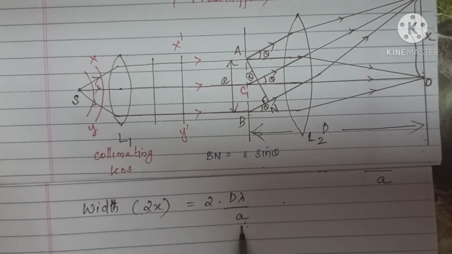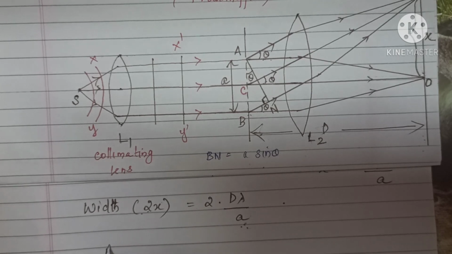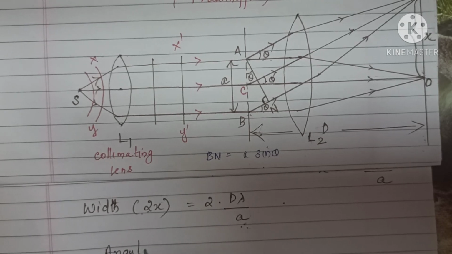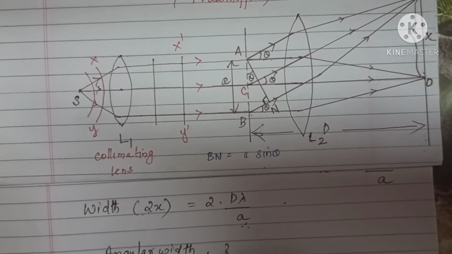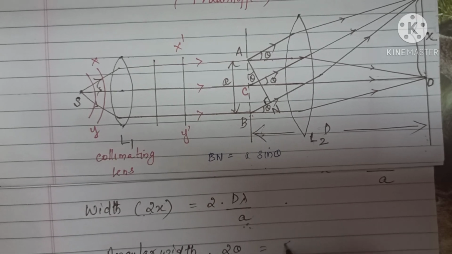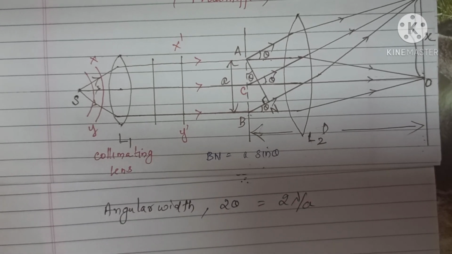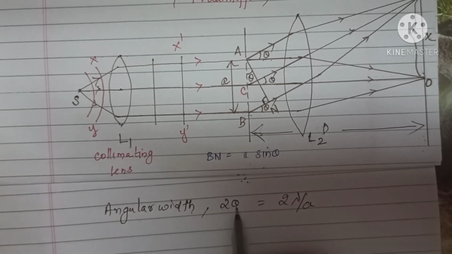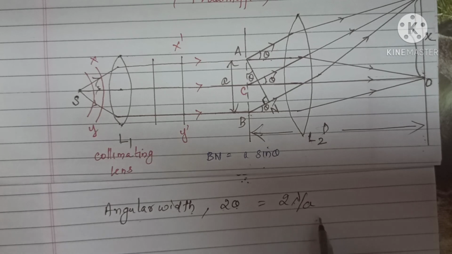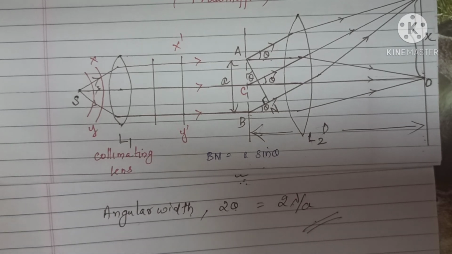Clear? And in the last session I explained the angular width. In this section we call it 2 theta, so 2 into lambda by a. That is the expression for angular width. Angular width is 2 theta, which is 2 lambda by a.